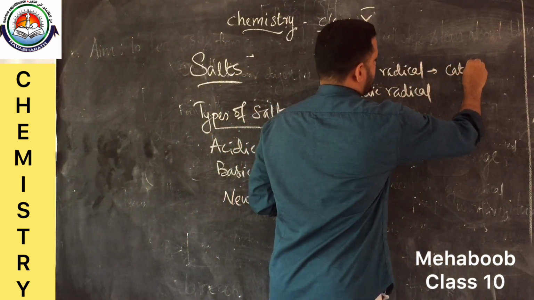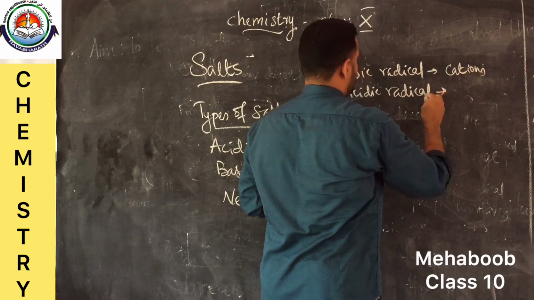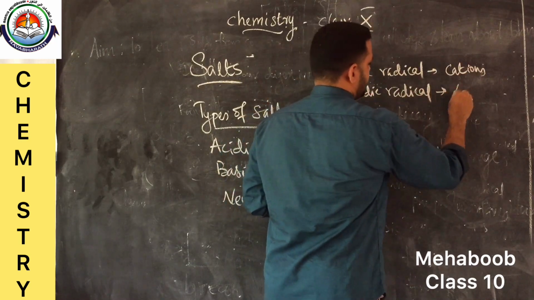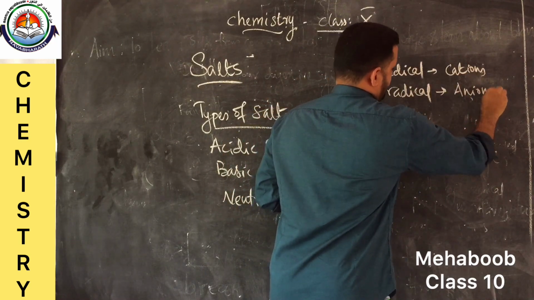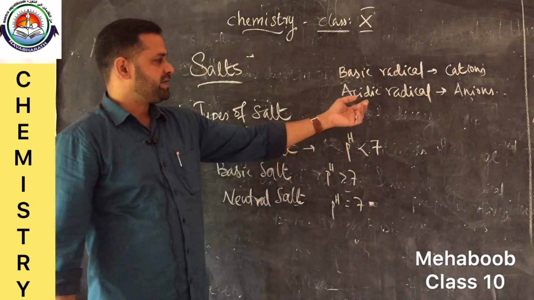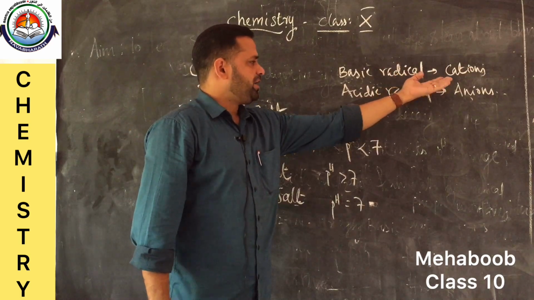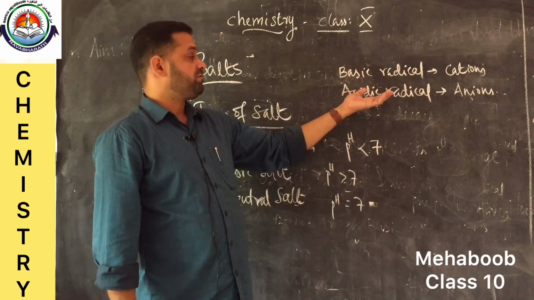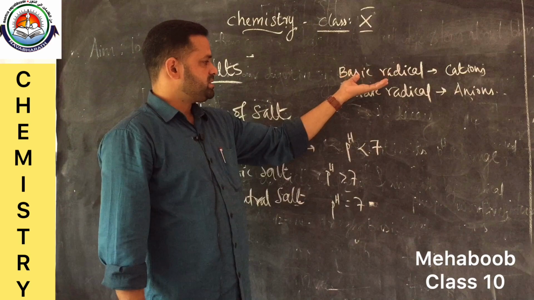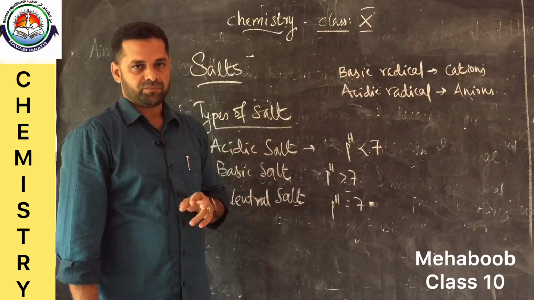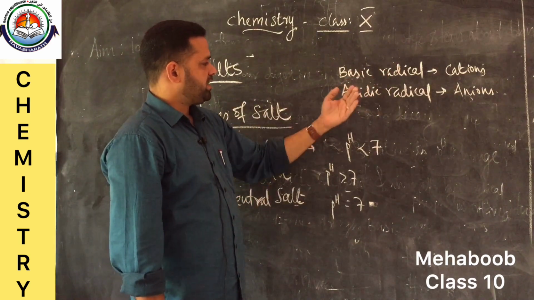Cations are generally called basic radicals, and anions are called acidic radicals. Why? Because anions are obtained from acids, and cations are called basic radicals because they are obtained from bases.